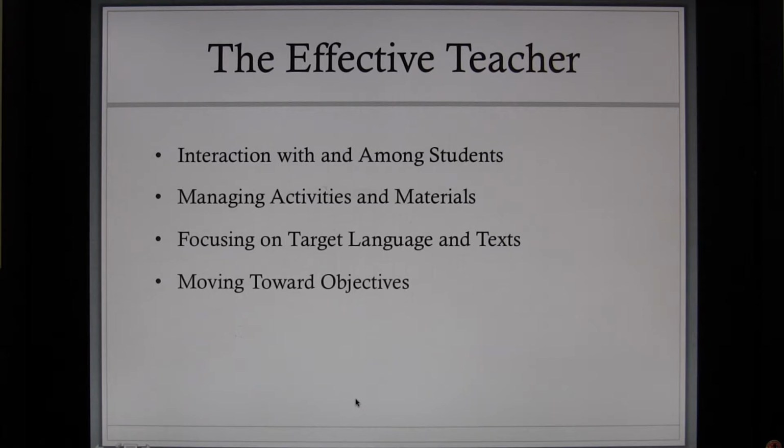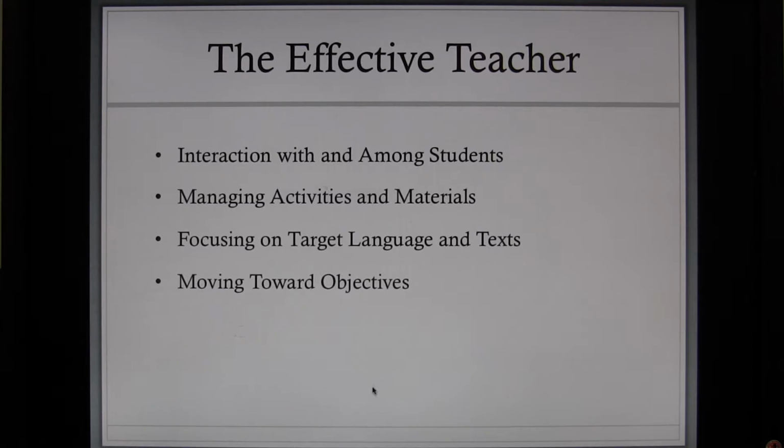I think if we look at the effective teacher in terms of the participant record book on the S.I.T. TESOL certificate, there are four main categories: interaction with and among students, managing activities and materials, focusing on target language and texts, and moving towards objectives. These are the four main course goals in terms of teaching, and then there are lots of objectives under those.